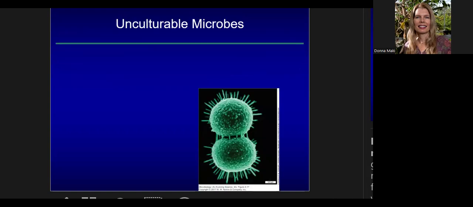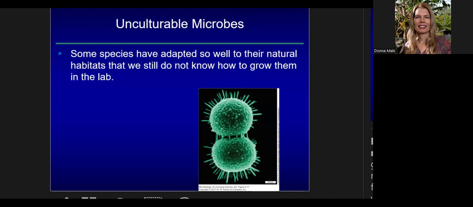And then there's just some microbes we have no clue how to get them to grow in the lab. They're just so well tuned to their native habitat that we haven't figured out how to get them to grow. We're not smart enough for that.